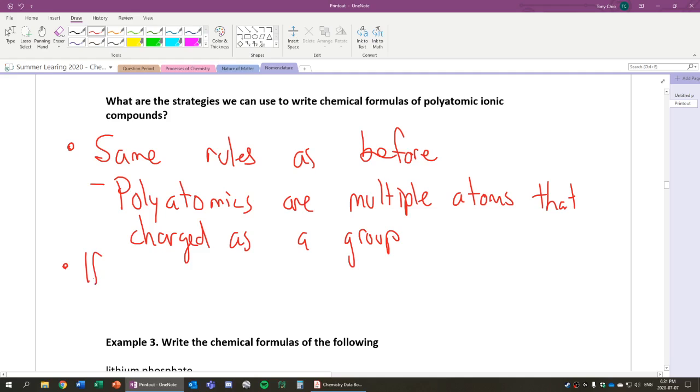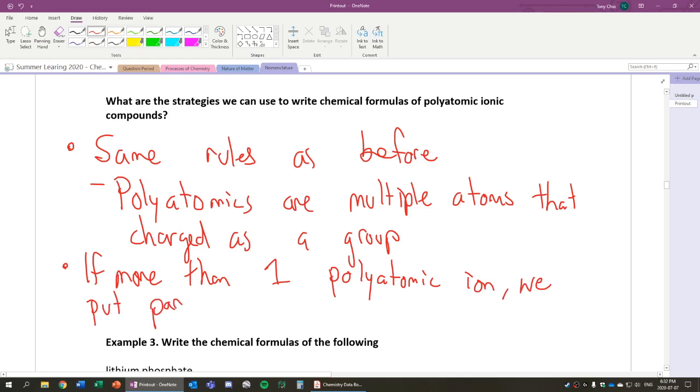Okay? If more than one polyatomic ion, we put parentheses before the subscript.